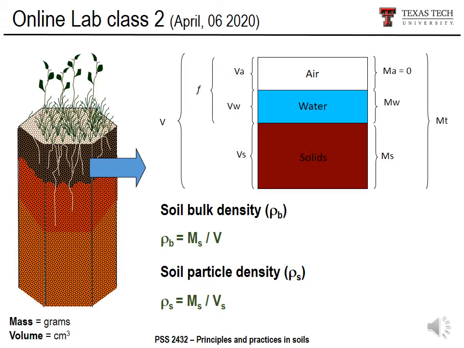And soil particle density is the ratio between MS divided by VS, not V. VS is the volume of soil solids. Okay, pay attention, it's different. All right, let's go.